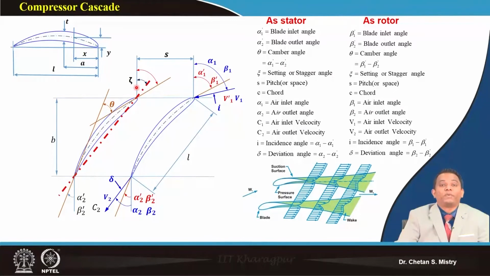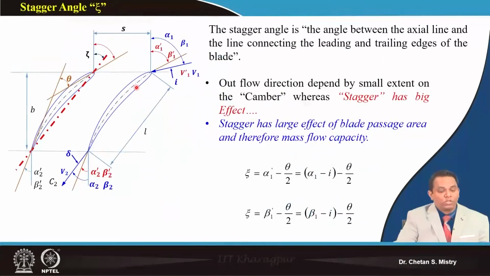Today we will discuss the use of this stagger angle. The stagger angle is the angle measured with the axial line, and the line joining my leading edge and trailing edge. This angle that we are measuring is defined as the stagger angle.